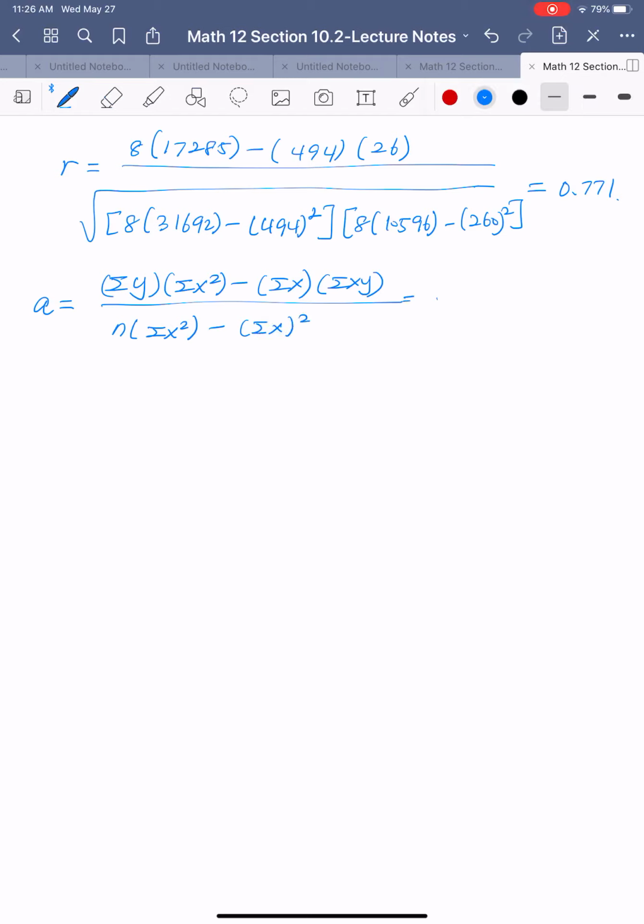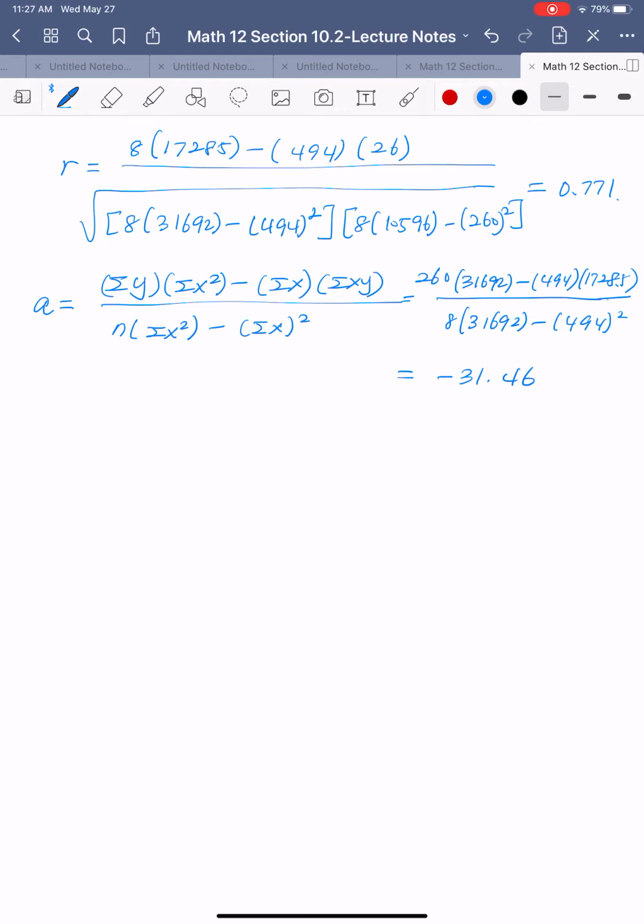So I plug it in. I get 260 times 31,692 subtract 494 times 17,285, over 8 times 31,692 subtract 494 squared, and then I'm getting negative 31.46.